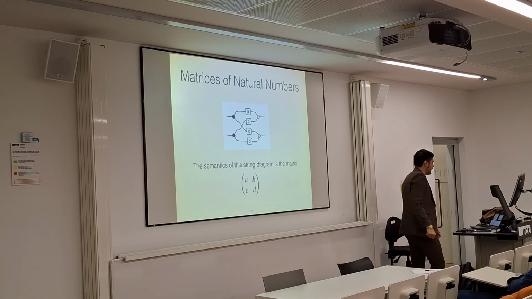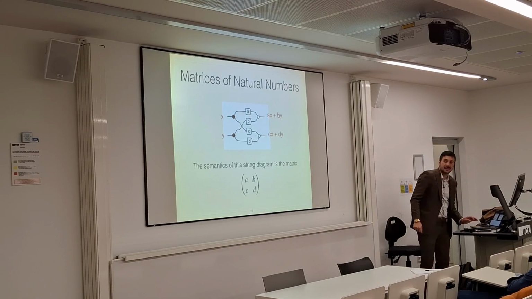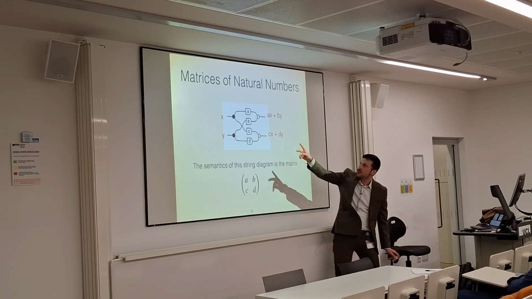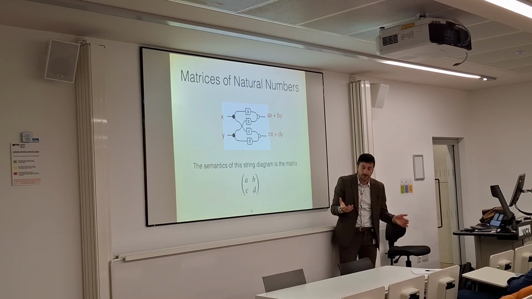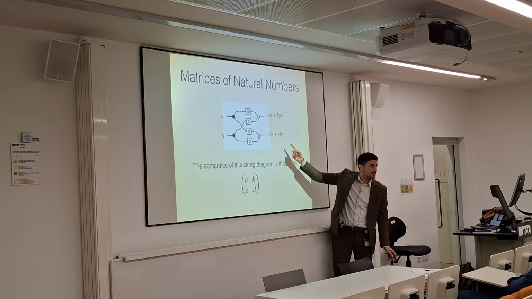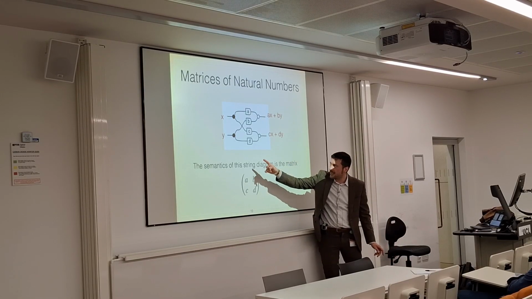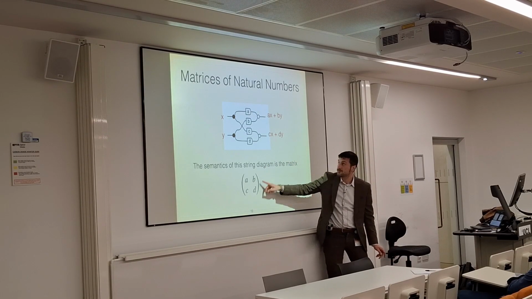And this is reflected by the semantics in the sense that if you take two inputs, x and y, and you regard that as a vector, then the vector you get out is exactly the multiplication of that vector by this matrix. Okay?